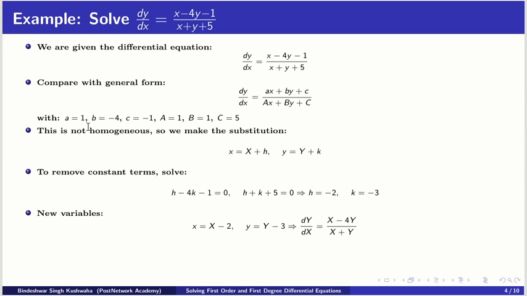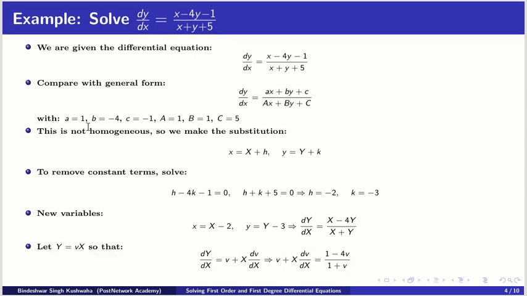And we will have new variables. Thereafter we will plug the values into the differential equation, so we will get this one. Now we are going to use y is equal to v into x, and we will plug that in. So we will have dy over dx is equal to v plus x dv over dx, and this will imply this expression.